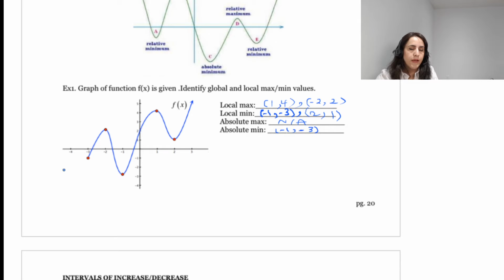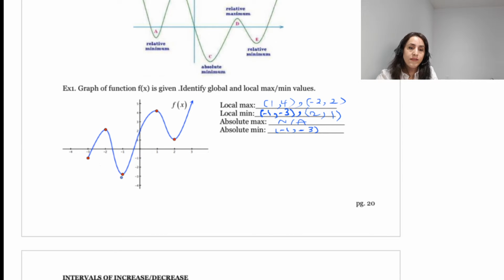Here, I want to start with point -3 and -1. -3 and -1 has a low y value along its neighborhood. Then this one is going to be the minimum. But is it a local minimum or absolute minimum?